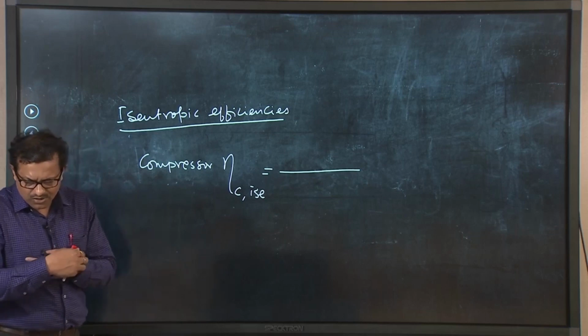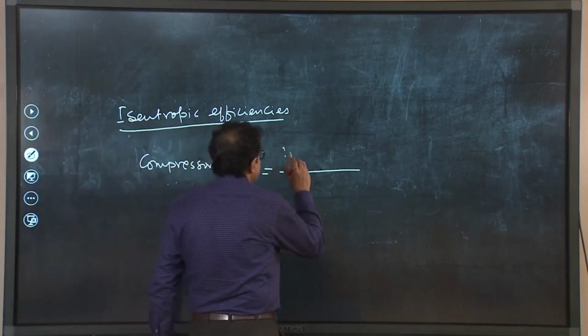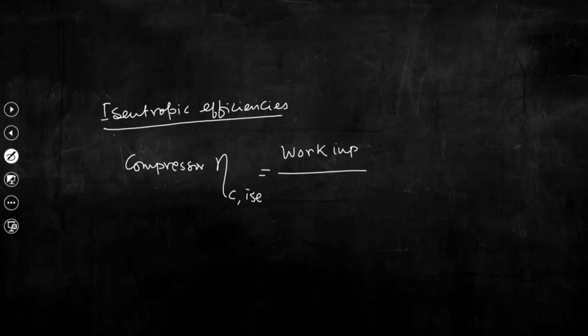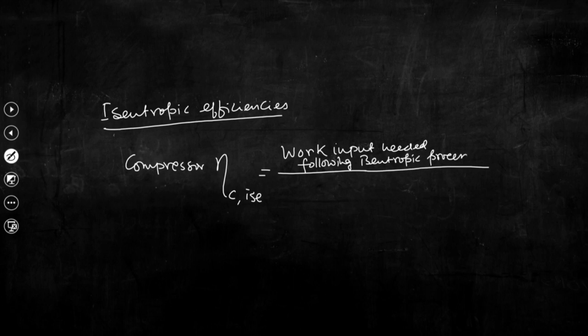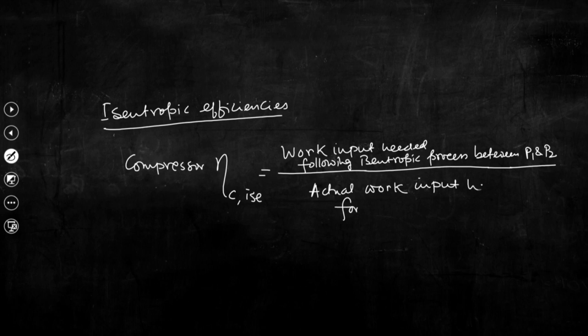So the work input needed following the isentropic process between P1 and P2, the two pressure limits, to the actual work input needed for the same pressure limits.